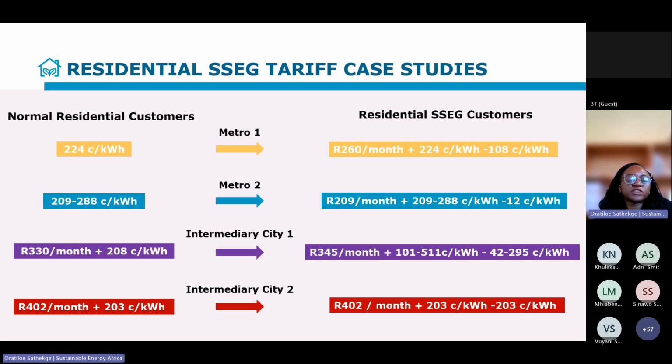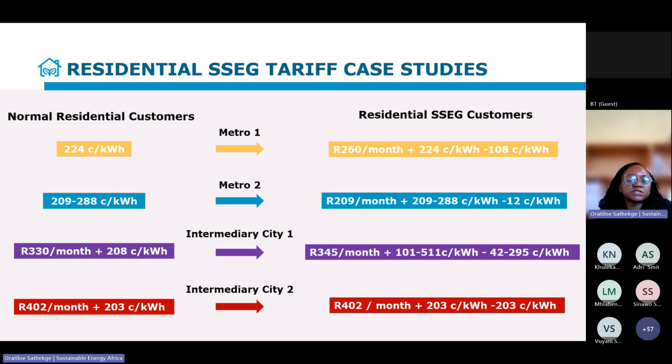With Intermediary City 1, we see that they upped their basic charge just a bit, and then introduced a time of use tariff, which they didn't have because it was first a basic energy charge. Their export credit was also moved on to a time of use credit.